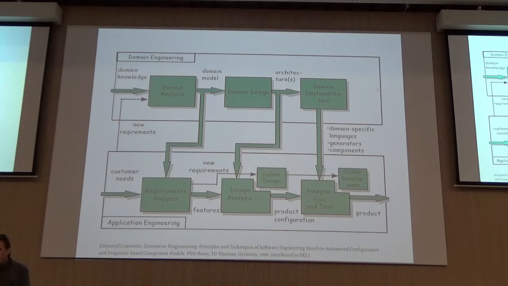And here you can see that you go from domain knowledge, you create some kind of models for domain analysis, not necessarily just feature models. Then you go to domain design, where you design things in some way, and you end up with real implementation.